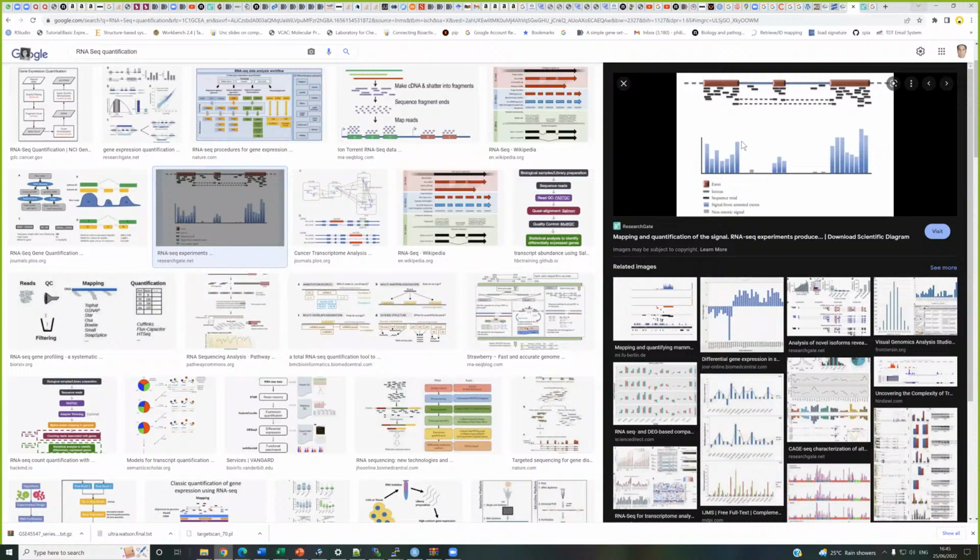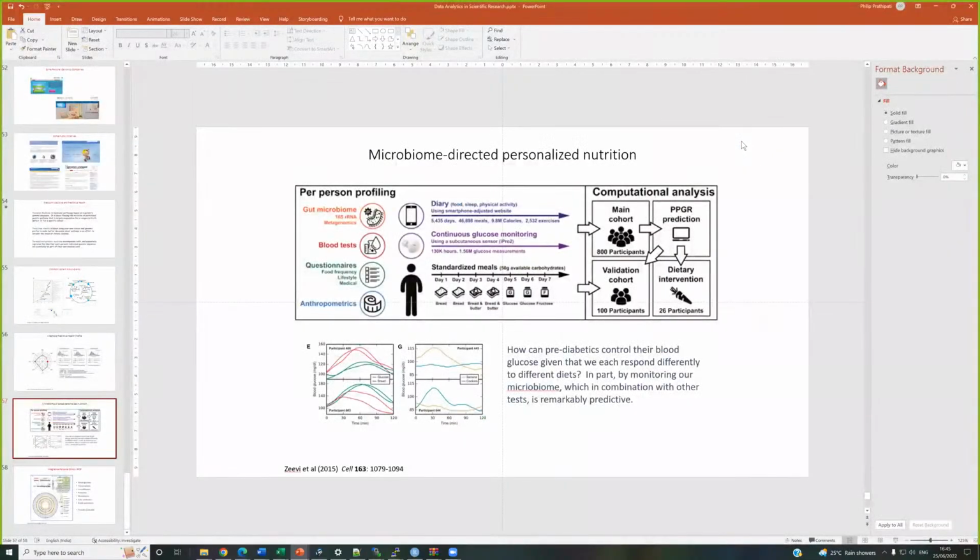Now, how many of you are already using software like SPSS and Systat? Are you using any one of these?